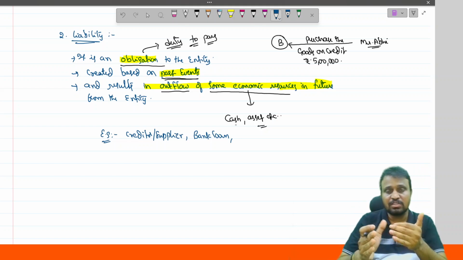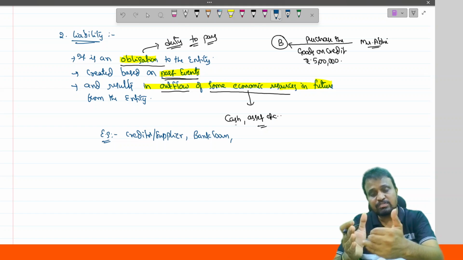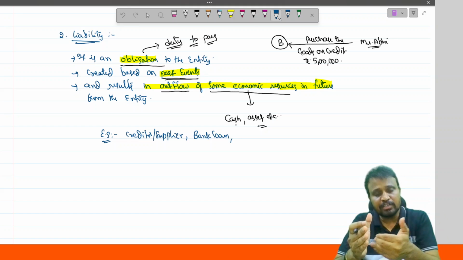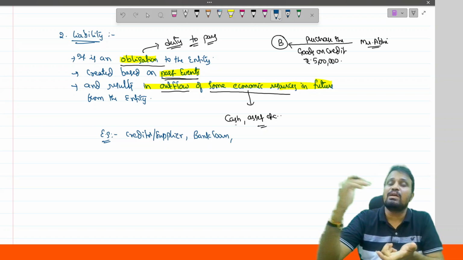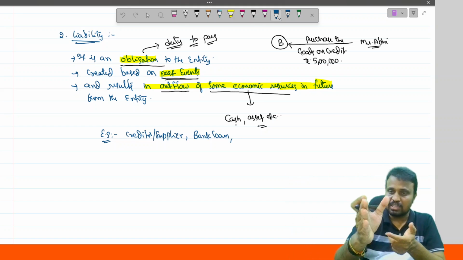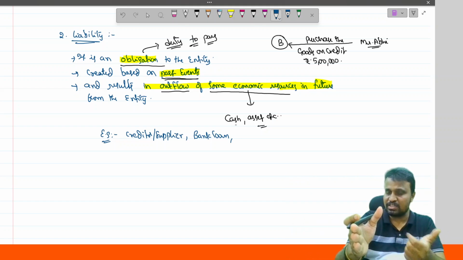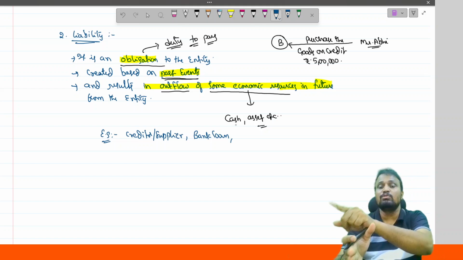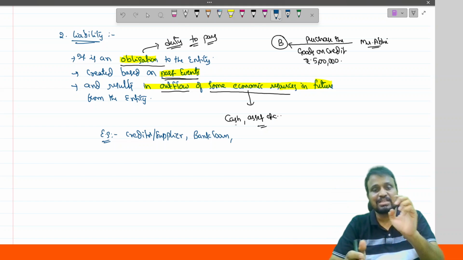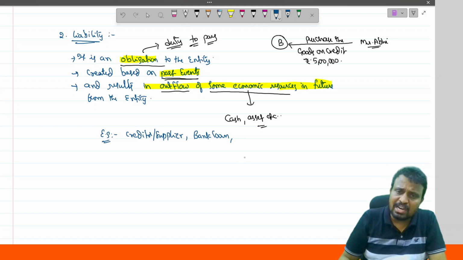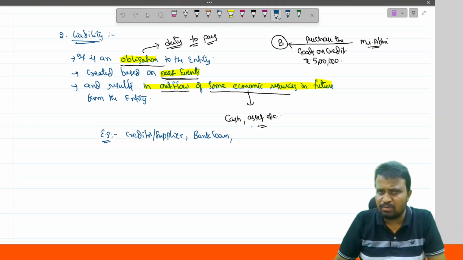On 31st March, we received the services from the employee relating to March, but the March salary will be paid on 5th April. It means on 31st March we received the services but didn't pay that amount to the respected party. That is said to be outstanding. That type of outstanding expenses is also covered under liability.